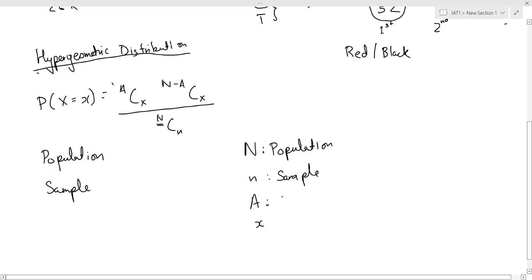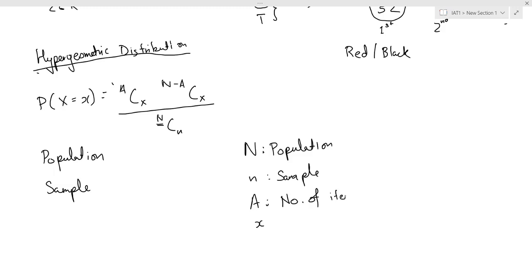A is the number of items, or the size of the sample space, of the population, not sample, that satisfies the requirement.